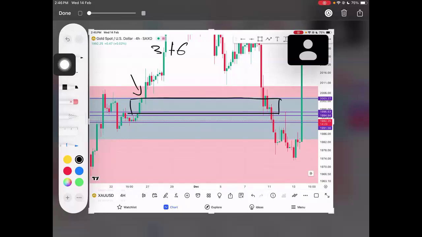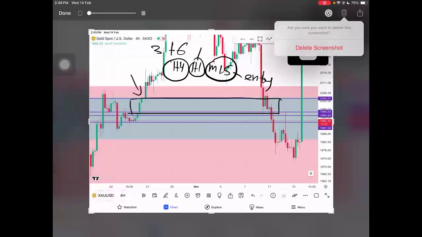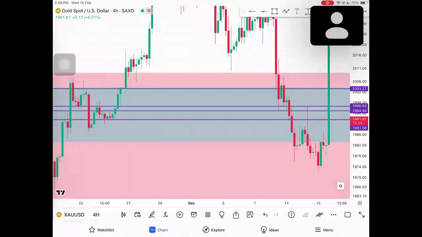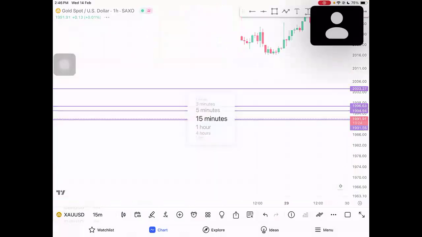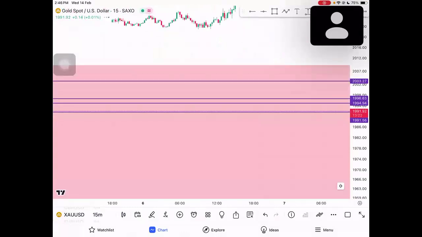Like the H1, M15? Yes. So this setup will be H4, H1, and M15. You have the H4 zone, H1 roadblock or TP, then M15 for your M3. Correct. So from H4, I jump all the way to M15 to look for my first entry.